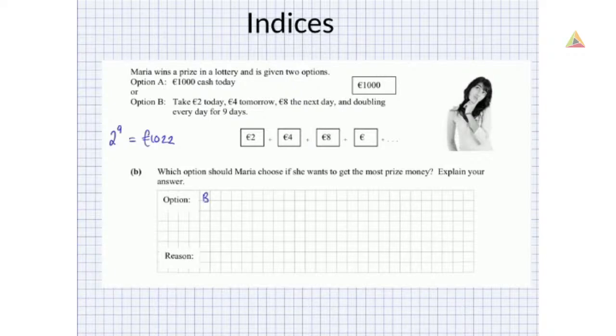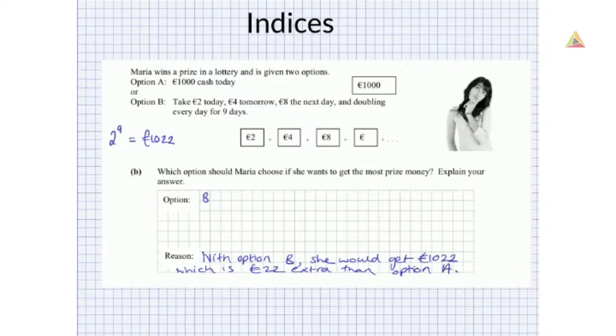And you have to explain your answer. Well, with option B, she would get €1,022, which is €22 extra. So that's what I'm going to write down. So with option B, she would get €1,022, which is €22 extra than option A. So when you're asked to explain, you need to justify your answer.